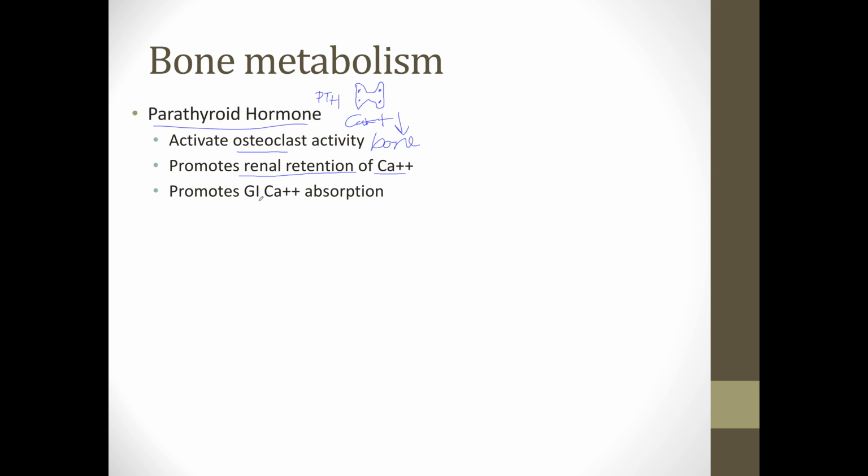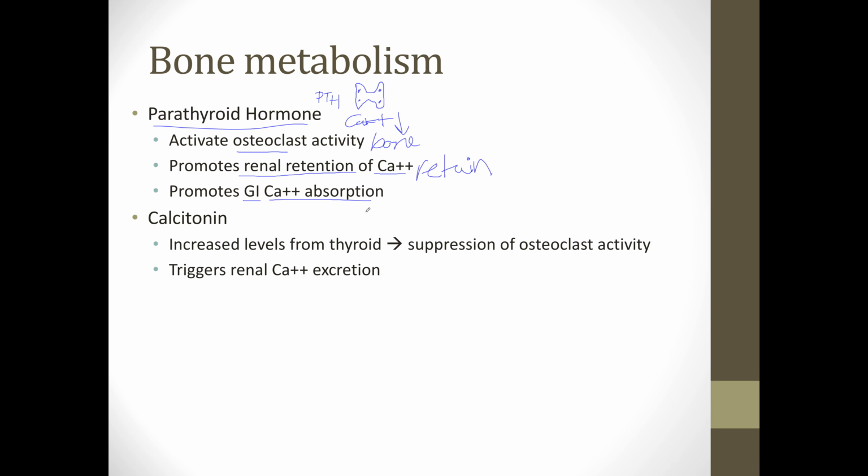And it also stimulates cells in the GI tract to not poop out any calcium. This is going to be all about retention. So we can break down bone to liberate our stored calcium. And the other thing that parathyroid hormone does is signal to different organ systems like the kidneys and the GI tract not to get rid of any calcium that we need because we're low in calcium.